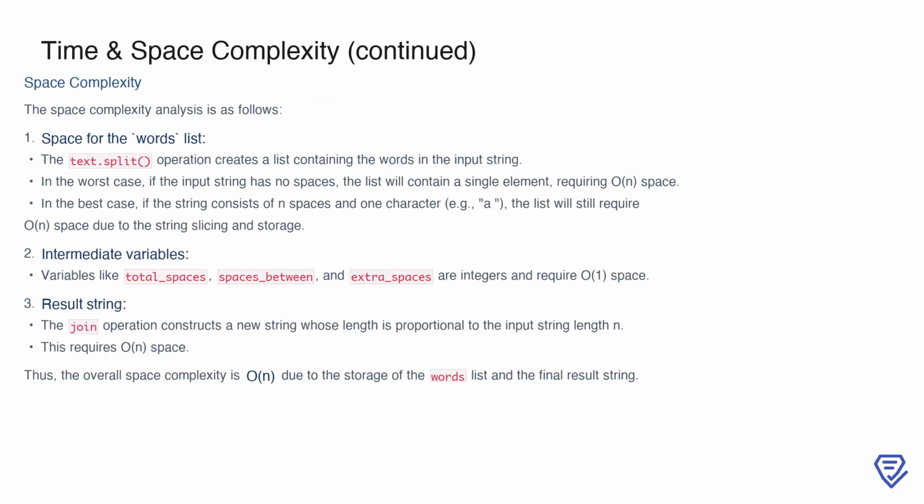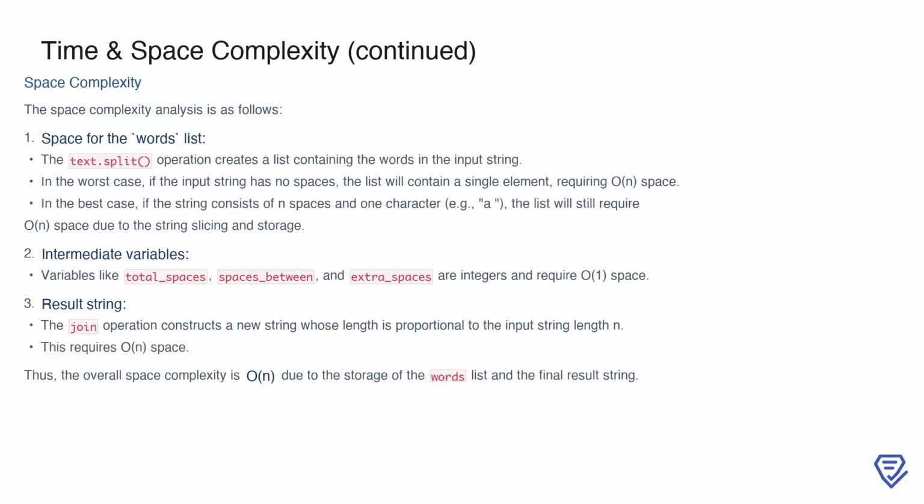Now, let's analyze the space complexity. The text.split operation creates a list to store the words extracted from the input string. In the worst case, if the string has no spaces, this list will contain a single element and require O(n) space. In the best case, even with minimal content, the slicing and storage operations still require O(n) space.